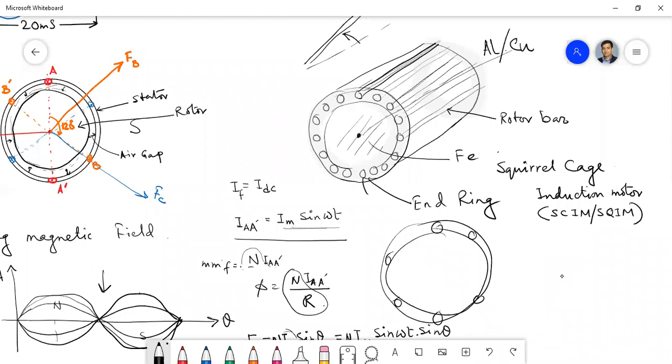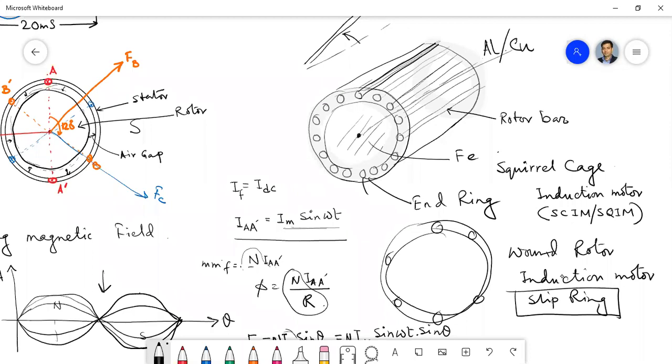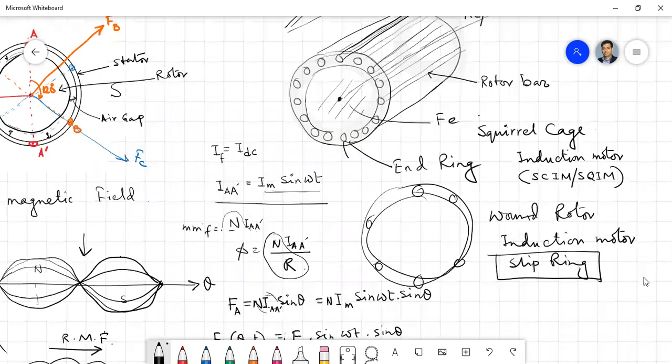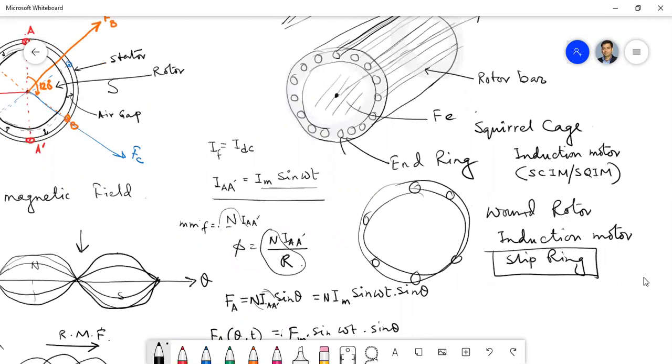Okay, so this type of rotor having winding is called the wound rotor induction motor. And to make this winding short, we use some slip rings. Slip rings are used for this type of wound rotor induction motor to bring all these terminals out and make them short externally.